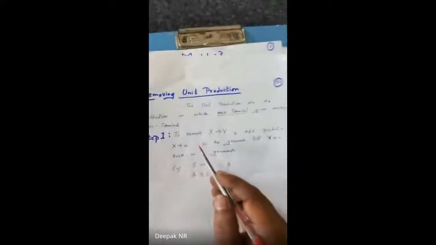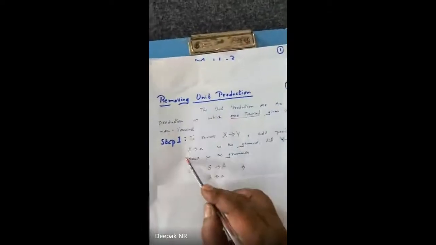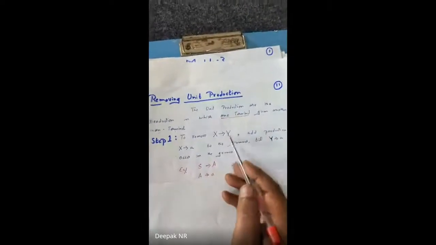Okay, let me give you the steps: how exactly to remove it. Step one says to remove a unit production. To remove a unit production, the step one is to remove the X tends to A format.